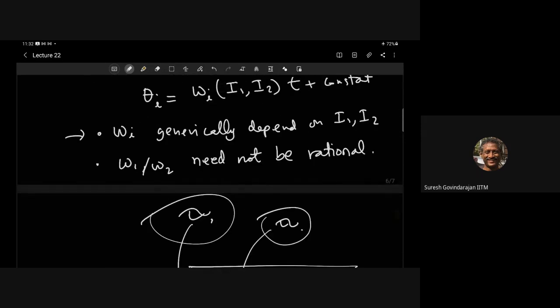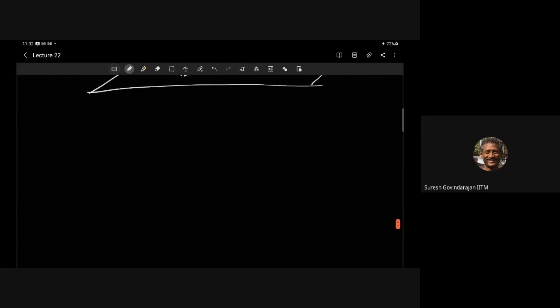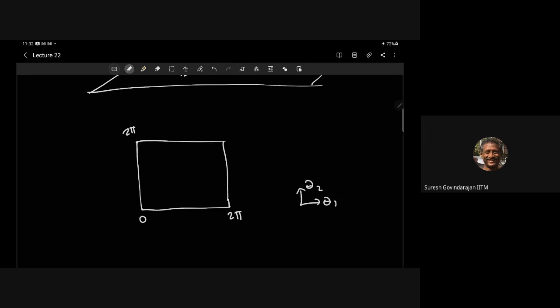Okay. The second point is also interesting, and let me draw things slightly differently. This is also a torus, an alternate representation. So this is 0 to 2 pi, 0 to 2 pi, and this is the theta 1 direction and this is the theta 2 direction. But we know that 0 and 2 pi are identified with each other, so I identify these two together.